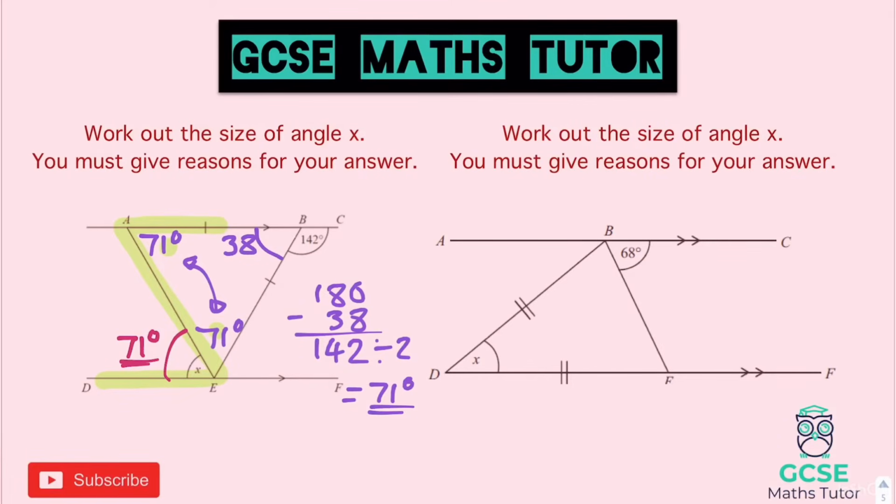And again, you can just label this around the diagram. You can write it out in mathematical language as well. So from A to E to D makes that angle. So I could say AED equals 71 degrees, because alternate angles are equal. If you want to write them down like this, that's absolutely fine.